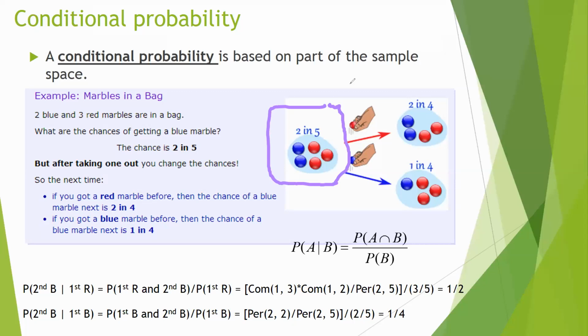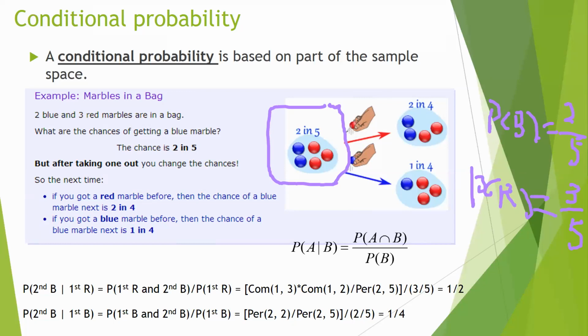If you randomly choose one, it's easy to figure out the probability of a blue marble will be 2 out of 5, right? And the probability of the red equals this.